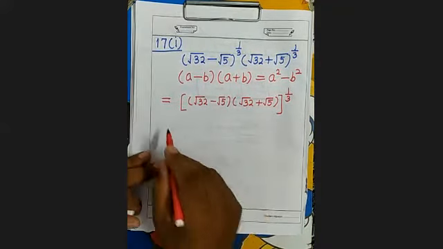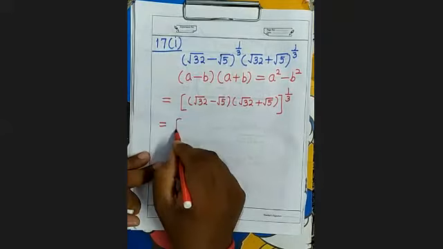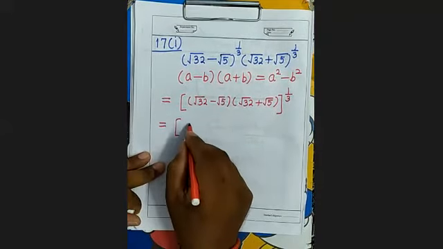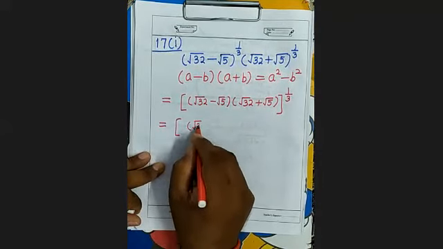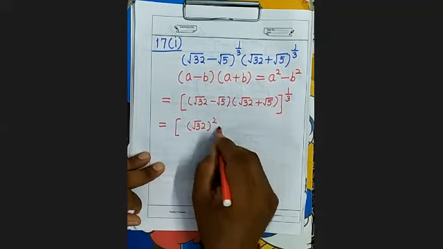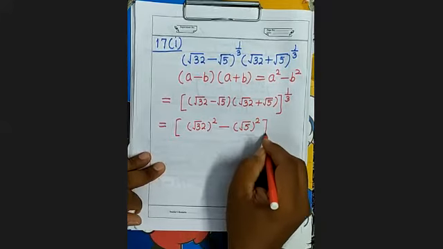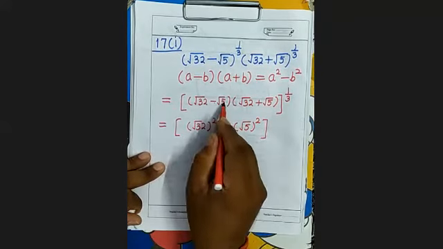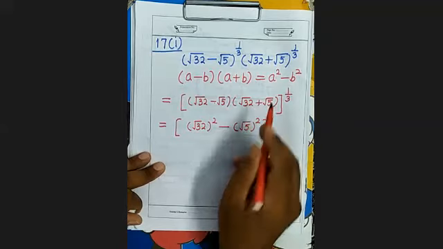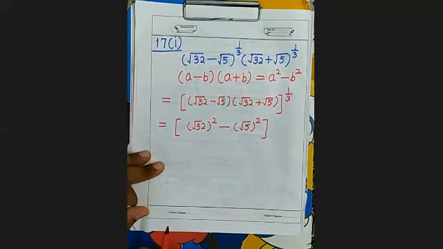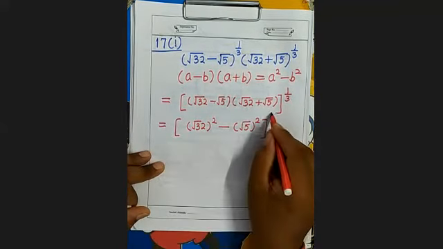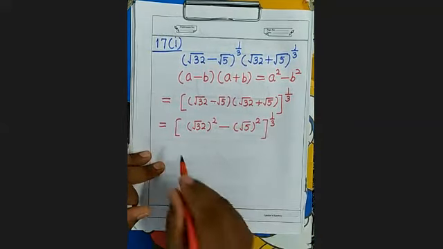A minus b, a plus b means a square minus b square, which means root 32 whole square minus root 5 whole square. What is in place of a? Root 32. In place of b, root 5.